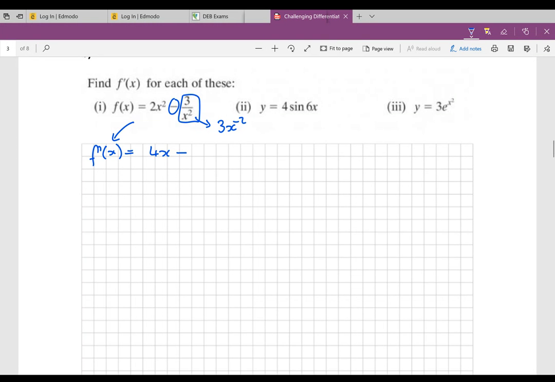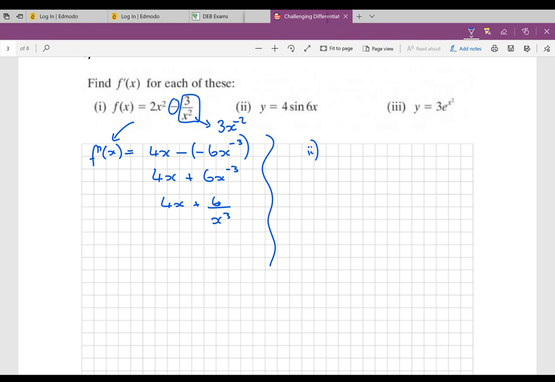My minus 2 comes in front, so minus 2 by 3 is minus 6x, and my power drops by 1, so minus 2 drops to minus 3. That leaves me with 4x plus 6x to the minus 3, which is 4x plus 6 over x cubed.